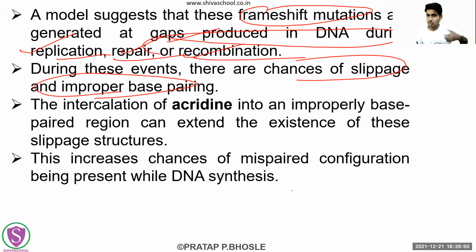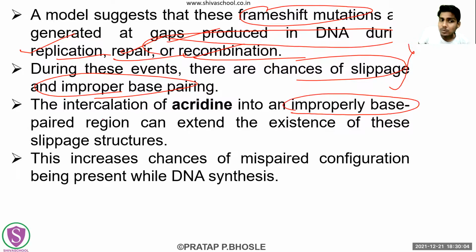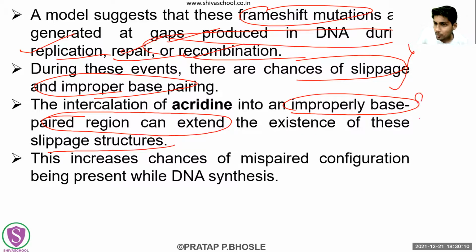Because of that, the intercalation which might occur because of the acridine dyes may lead to an improper base pair region. The base pairing that is improper may extend this slippage structure.